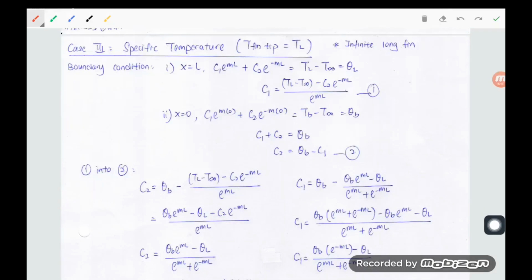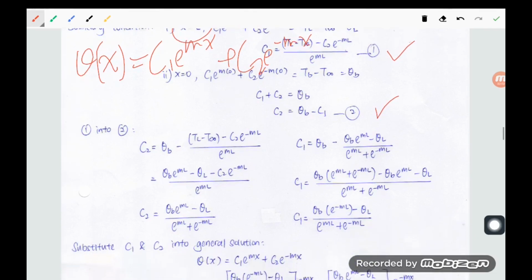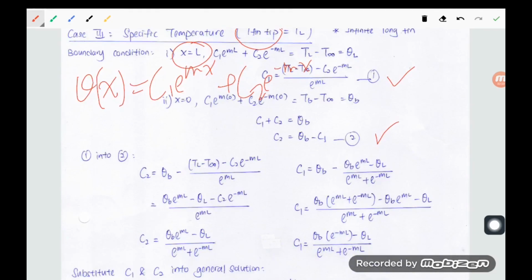For case 3, we assume that at the fin tip, we fix it at a specific temperature. We get the two boundary conditions again, and use the general equation, and we substitute x equals L, and we will get this C1. So we get C2 equal to delta B minus C1.